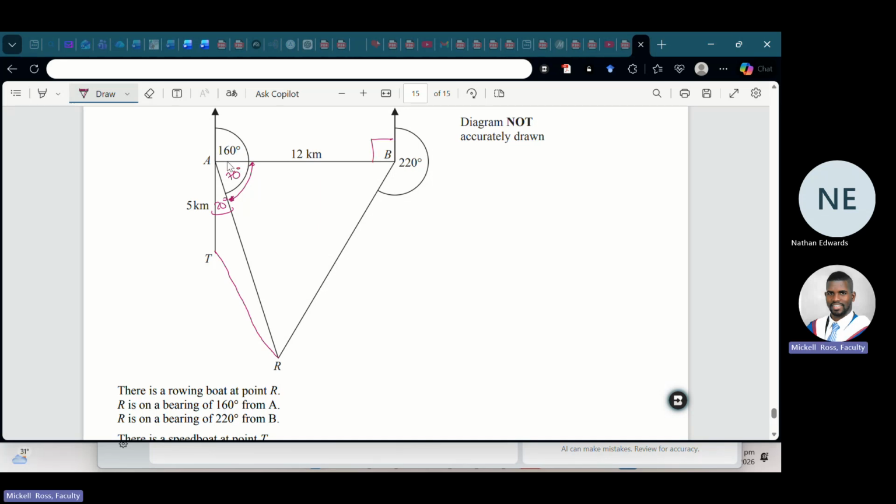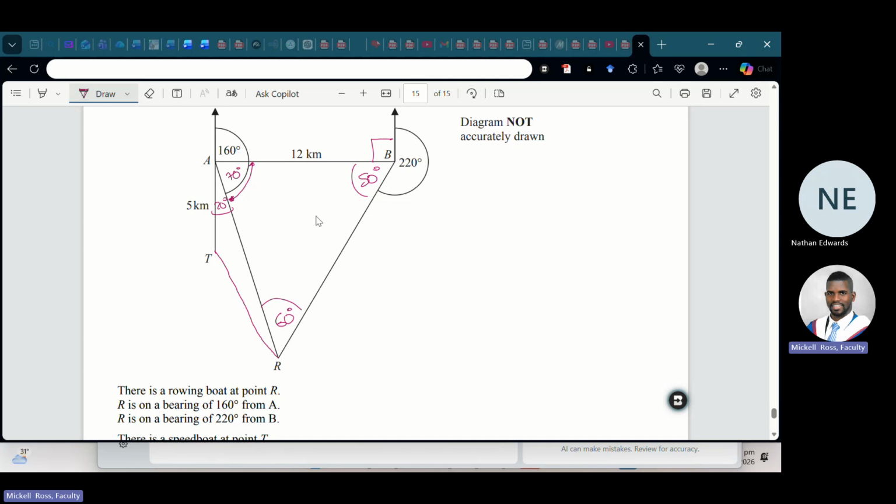This angle is 90 because it is due east. So this angle is 50 degrees. So that means this angle right here, with the 70, is 60 degrees.